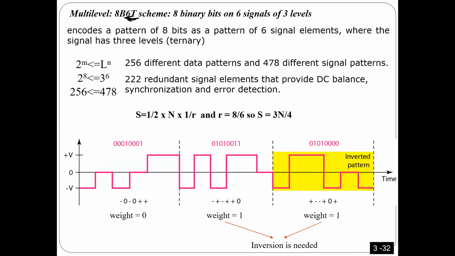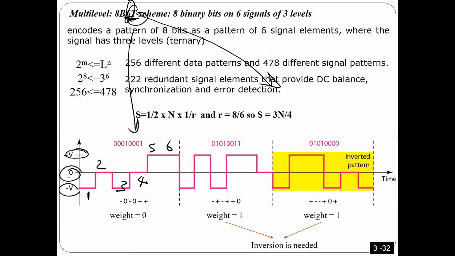You see here signal element, signal element, and so on, 6 of them. So this number tells you how many signal elements you have in every time slot. Is that okay? What about T? T means 3, and it tells you how many levels you have. So here we have 3 levels.